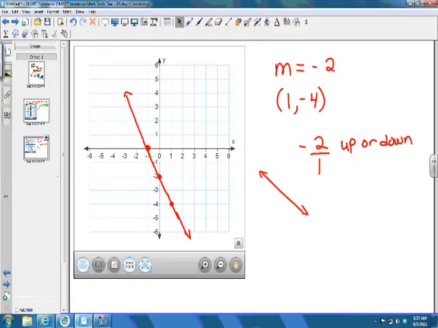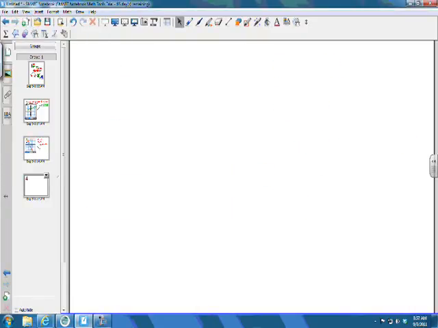The last thing is parallel and perpendicular. Anybody know about parallel lines, what their slopes have in common? They are the same. Parallel lines, 2 parallel lines, have the same slope.